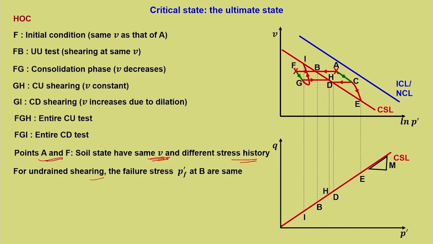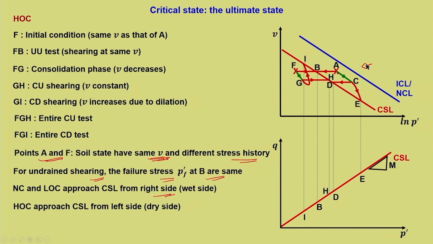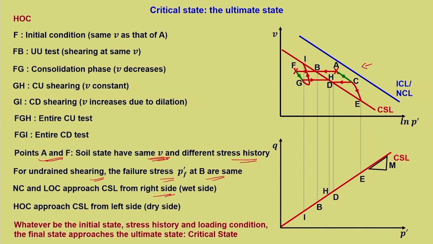For undrained shearing, the failure stress p' f at B is the same for both stress histories A and F. Normally consolidated and LOC approach CSL from the right side, that is the wet side. So, whatever be the NC and LOC, they will approach the critical state from right towards left, that is from the wet side, and HOC from the left side, that is the dry side.